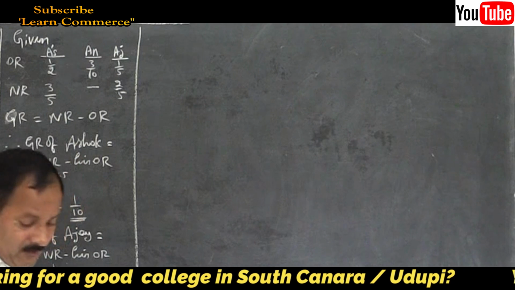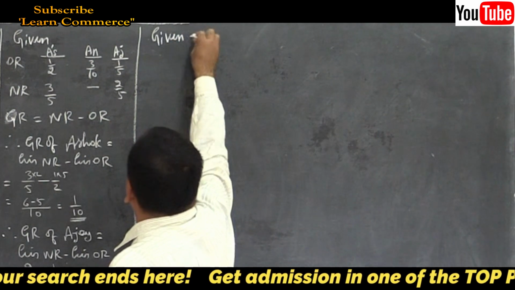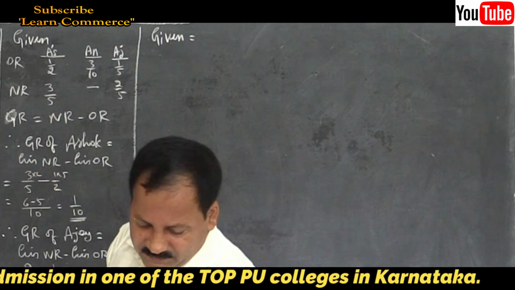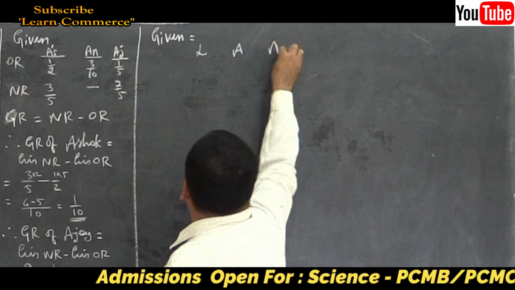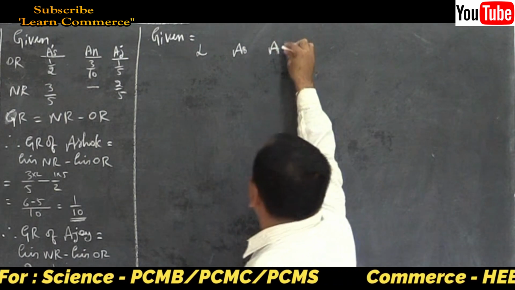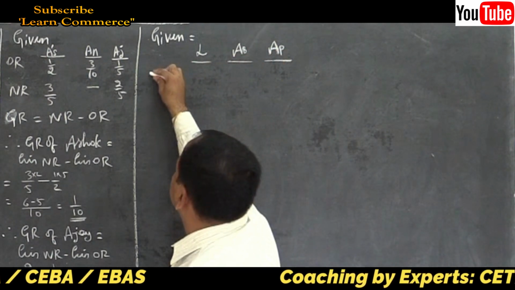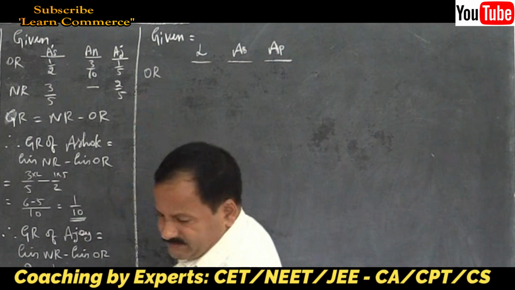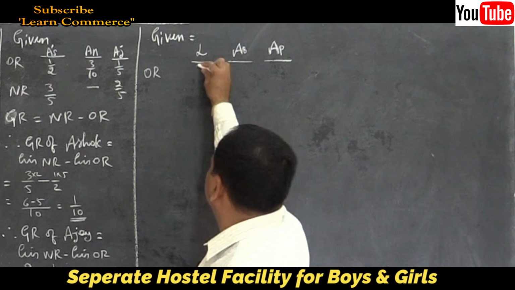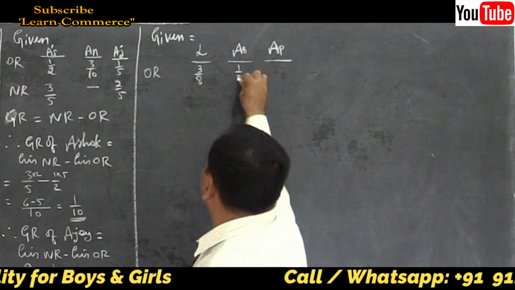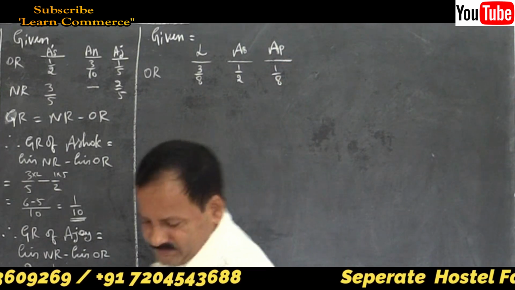Let me solve the problem. Given: Lata, Abhishek and Apeksha. Abhishek I will write AB, and Apeksha, AP. That is old ratio. Whether it is given? Yes, it is given: 3 by 8, 1 by 2 and 1 by 8.